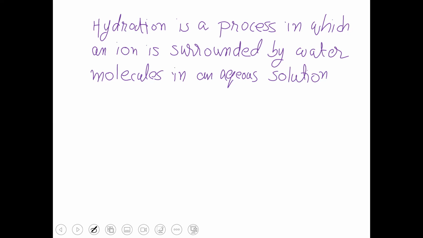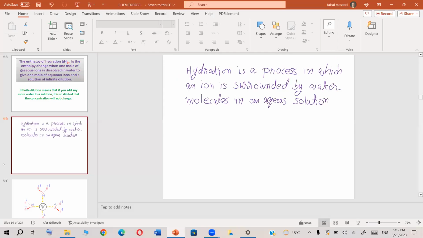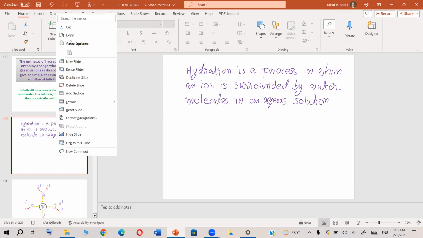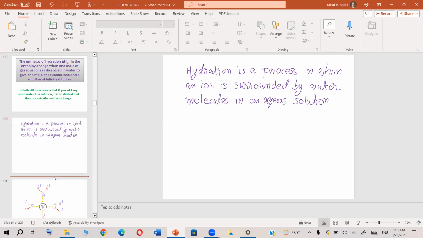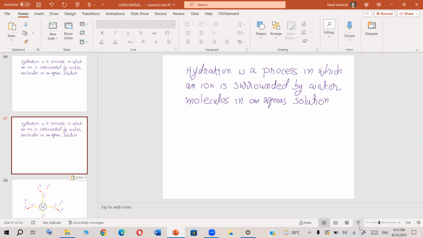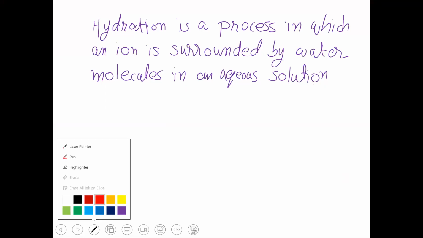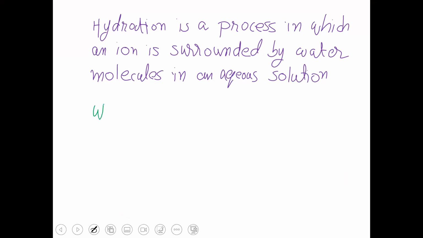Now, how come water can do this job? How is water capable of doing this activity? That requires a concept from our O-level, from our AS chemistry. What is the concept? Now you have to write, and I already explained, that water is a polar molecule.